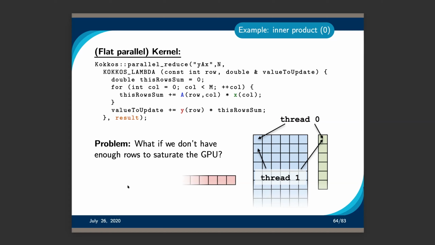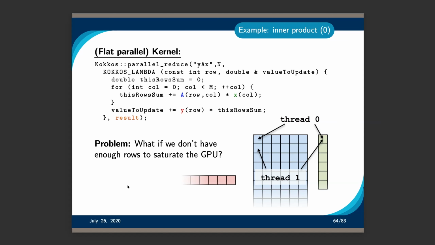And you saw that in the benchmarks. If you look there closely, you needed on the order of almost 100,000 rows in order to make the P100 GPU reach max performance. So what if you don't have that?